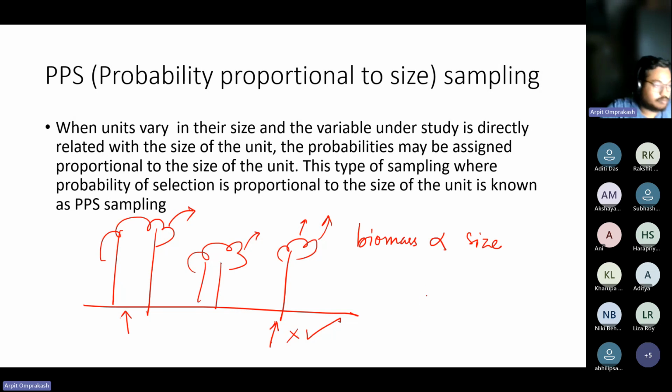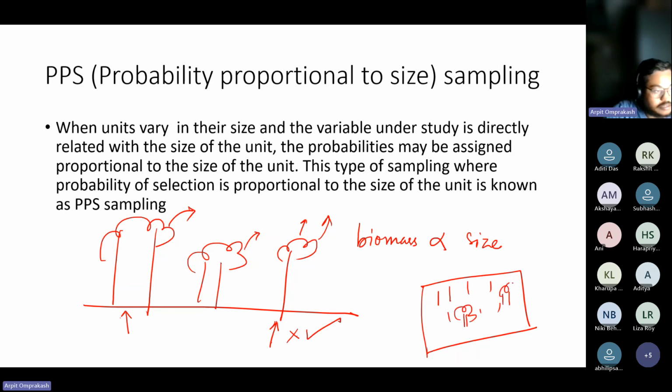So, for example, in this area, let's say we have some saplings, some medium trees, and some very large trees. There might be, let's say, 100 saplings, 20 medium trees and 10 large trees, right?